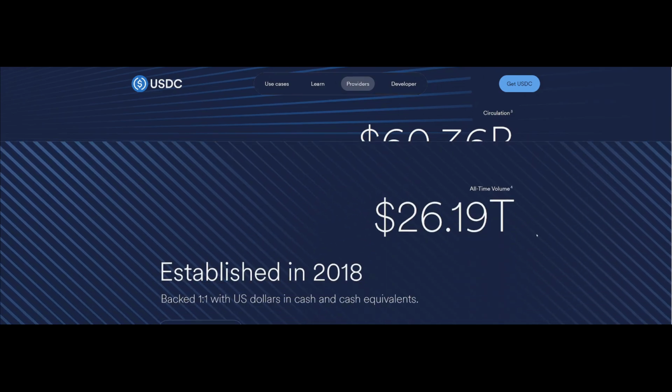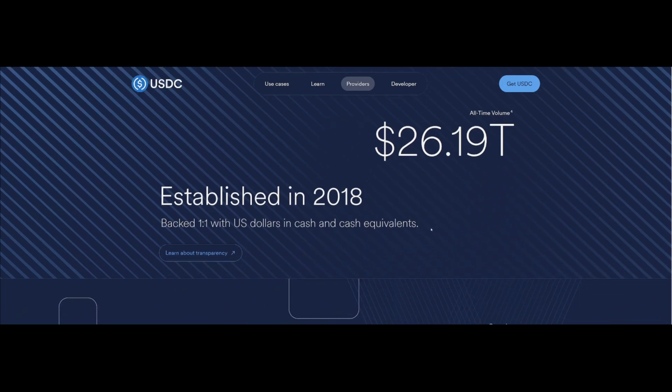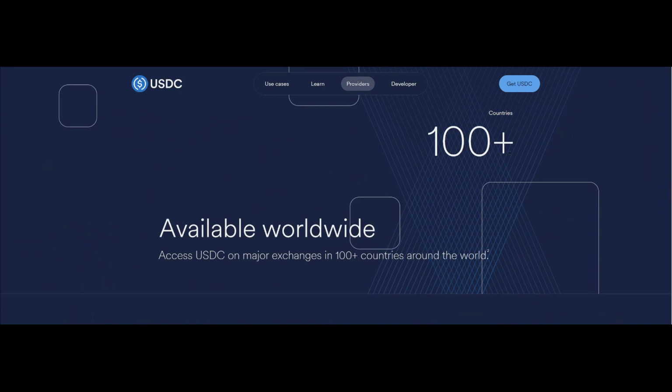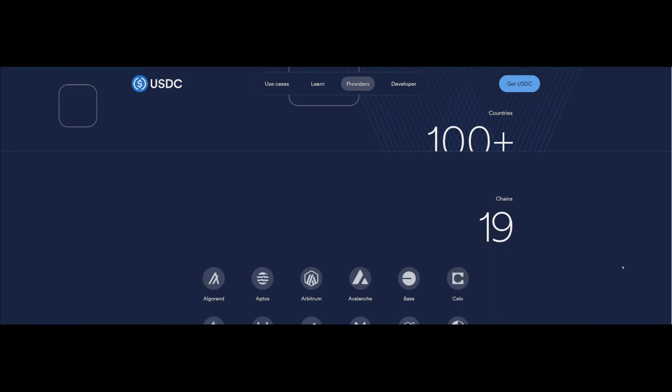You can unlock trading with the world's largest regulated digital dollar. This was established in 2018, backed one-to-one with U.S. dollars in cash and cash equivalents, which are just stocks, bonds, and so forth. It is used in 100 plus countries. Okay, it's available worldwide. Access USDC on major exchanges in 100 countries around the world.